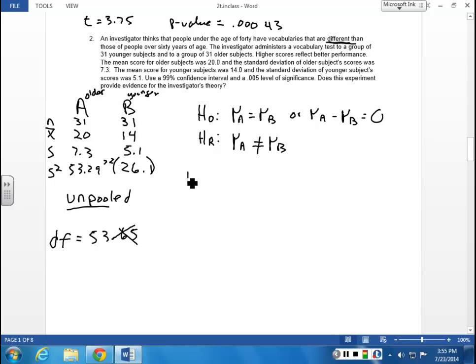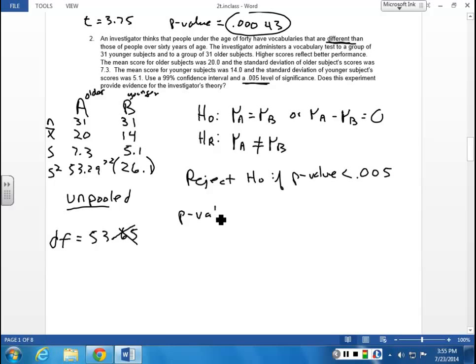We're going to reject H0 if the p-value is less than whatever our level of significance is, and that's going to be 0.005 in this case.